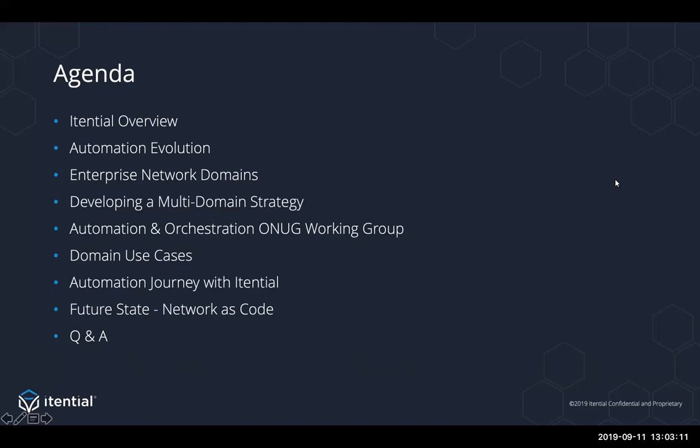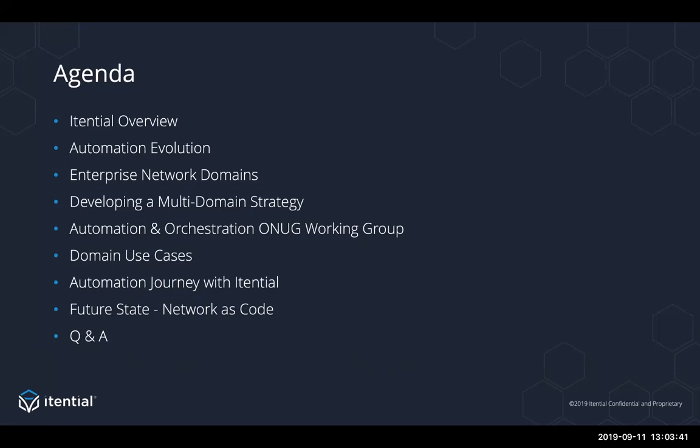So I'll just go through a quick agenda and then we'll jump right into it. We'll do a quick Itential overview, and then we're going to spend some time talking more about the market. So it's really about what is the evolution of automation, what is the concept of domains in this discussion of multi-domain, and then we'll hand it back to Stephen for a few minutes to talk about how this applies to some of the ONUG working group activities, which I'm sure a lot of the people on the line are participating in.